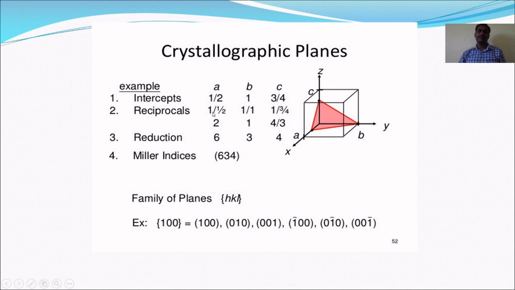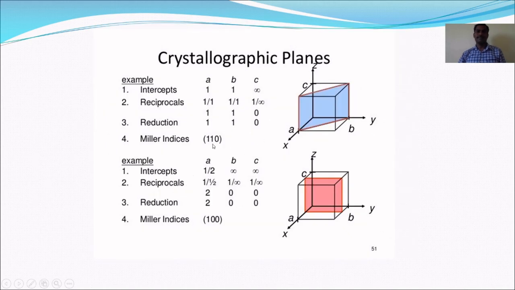When we take the reciprocals, we get 1 upon 1 upon 2, 1 upon 1, 1 upon 3 upon 4. So you will get 2, 1, 4 upon 3. Now it becomes fractional again, so we convert it into whole numbers by multiplying by the smallest suitable number, 3. So you will get (6 3 4), a plane present in the crystal.